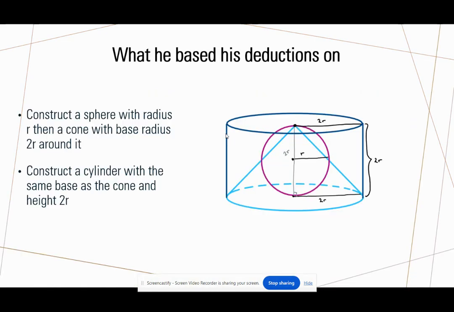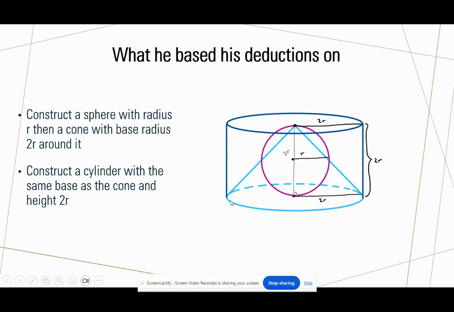All right, so this is what he based his deductions on. He started with constructing a sphere that had an arbitrary radius r, and then creating a cone around it with base radius 2r. Up here on the screen, you can see the sphere, which has a radius r, and this is the cone that he constructed around it, which has a radius of 2r.